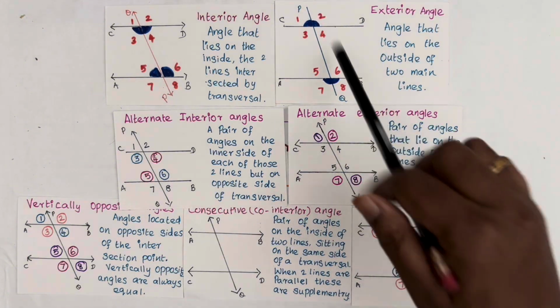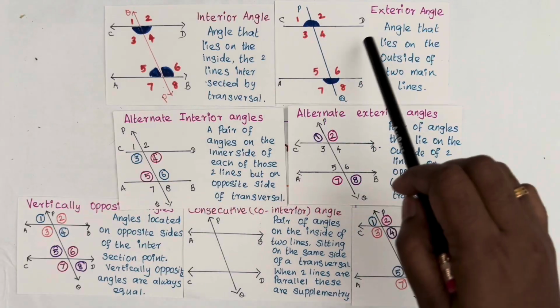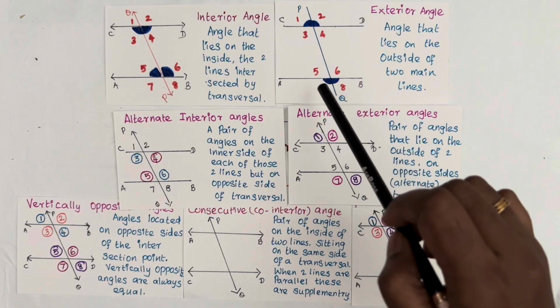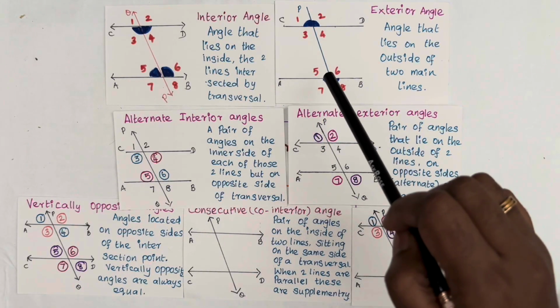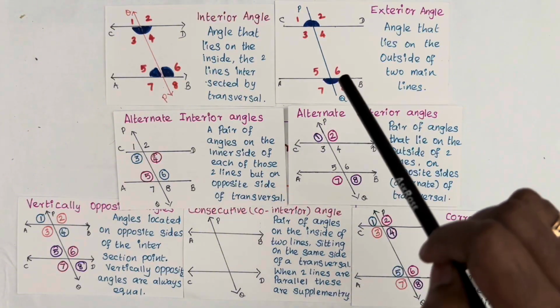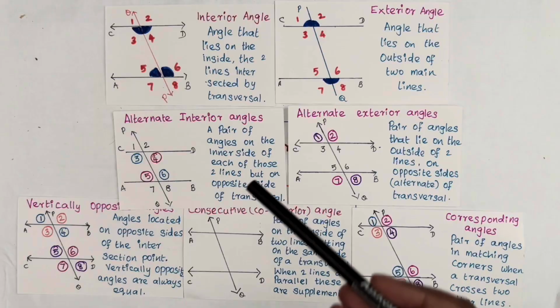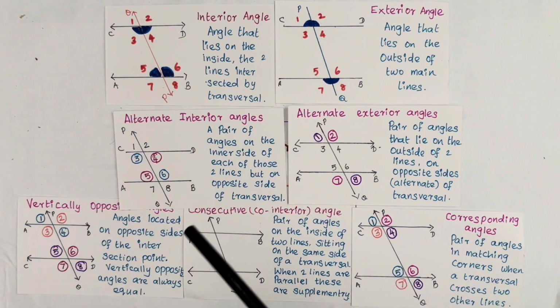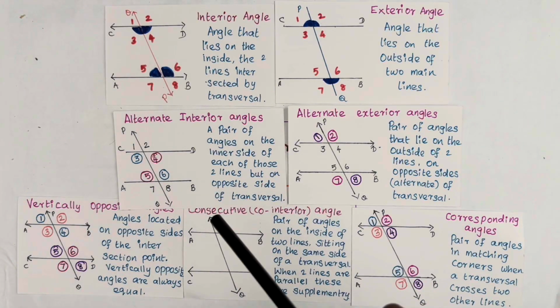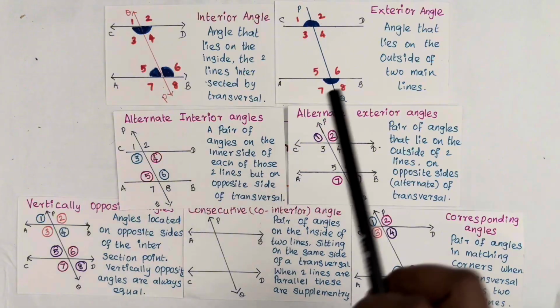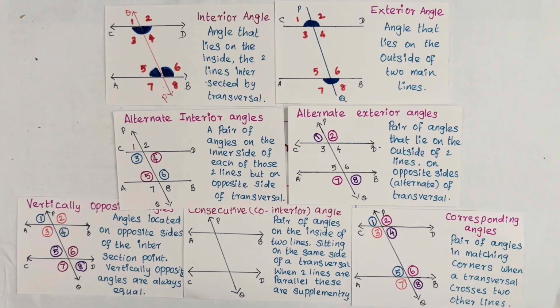When the line intersects the parallel lines, they form several angles that share common properties. But in the same way, when the transversal intersects non-parallel lines, there is no relationship between the angles formed.